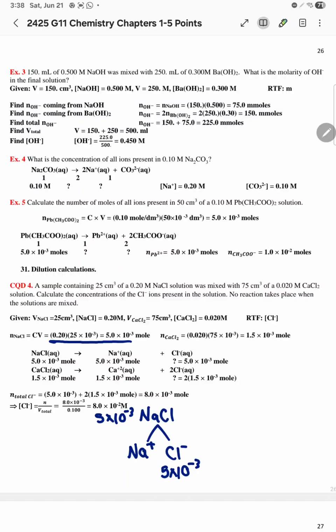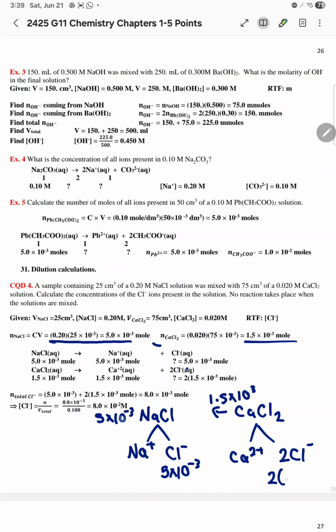Now we need to find for CaCl2. CaCl2 dissociates into Ca2 plus and 2Cl minus. CaCl2 is going to have moles of 1.5 times 10 power negative 3, once we multiply it here by 2 though.